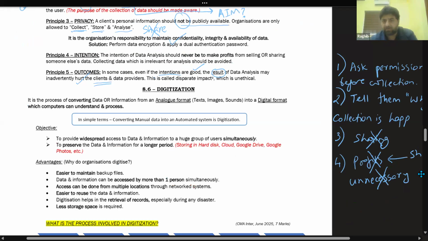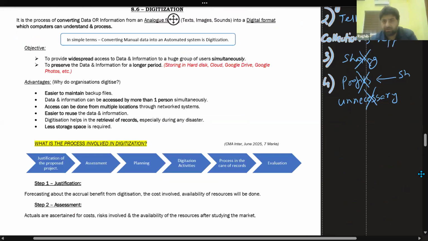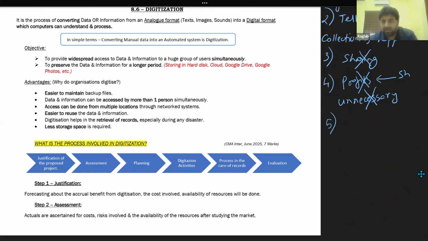Now the fifth one also. The fifth one was that while giving the information to someone, be careful not to offend others.